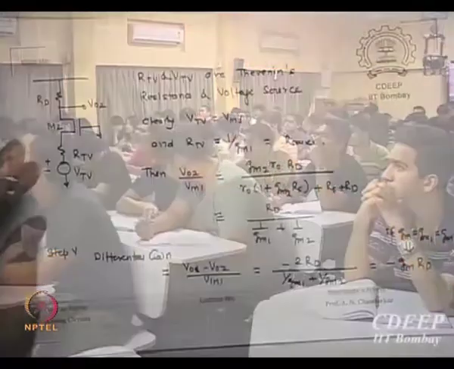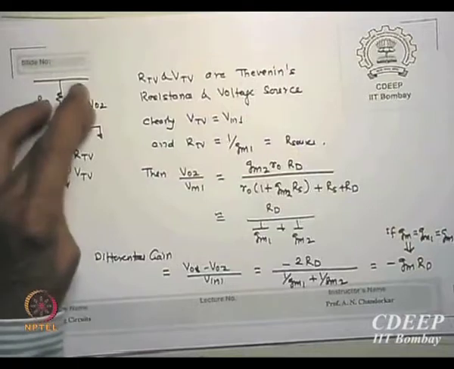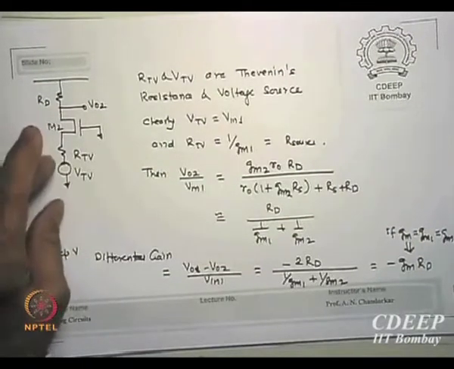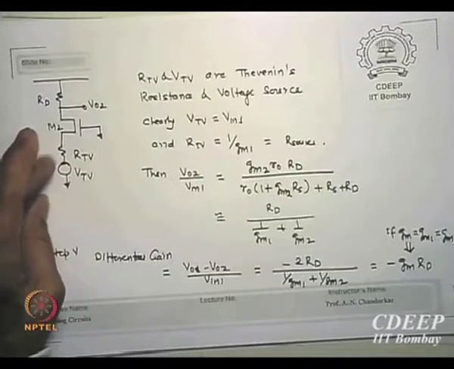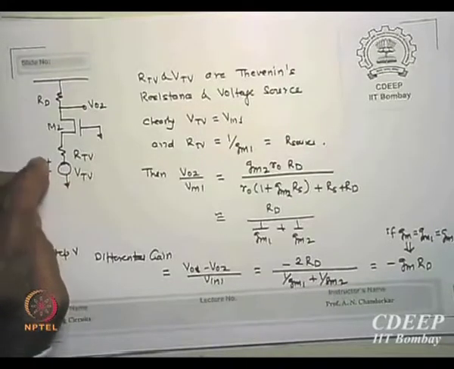I may say I have an M2 whose gate is grounded, with Rd which has VO2, and it is driven from the M1 side with a source resistance of RTh and a Thevenin voltage source of VTh.